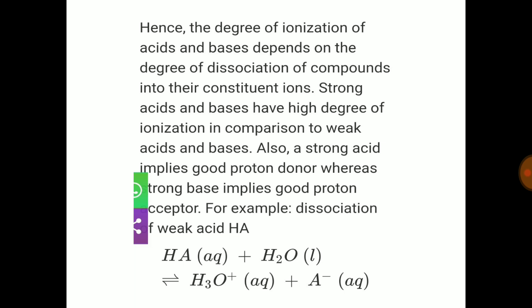A strong acid implies a good proton donor, whereas a strong base implies a good proton acceptor. Here in this example, we have HA aqueous plus water gives H3O positive plus A negative aqueous. This is the simple reaction which shows dissociation of a weak acid.